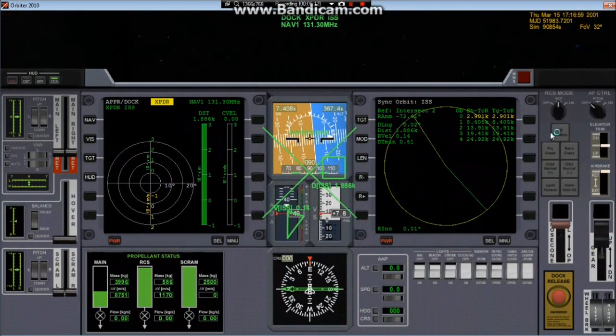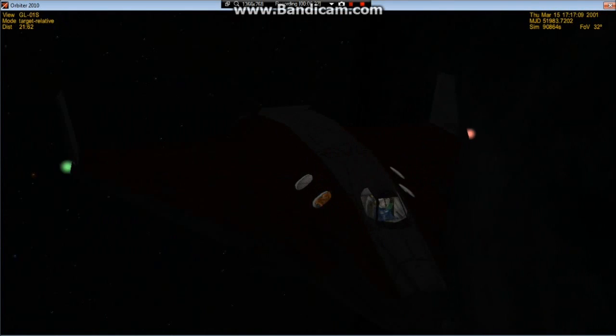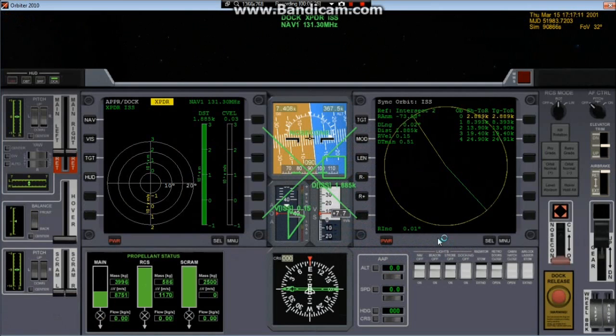I'm going to take this opportunity now to open the nose cone. You can't see it well because it's the nighttime side. But our nose cone is opening now.